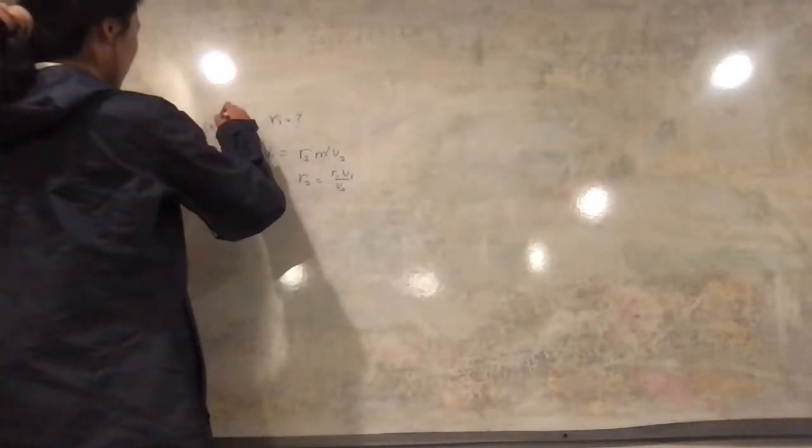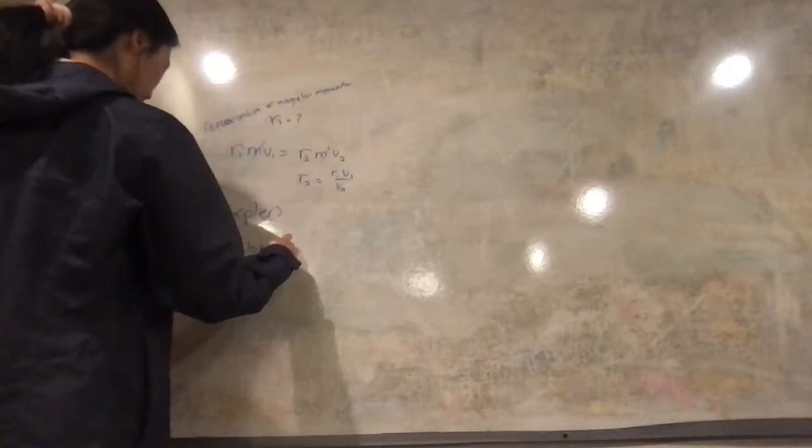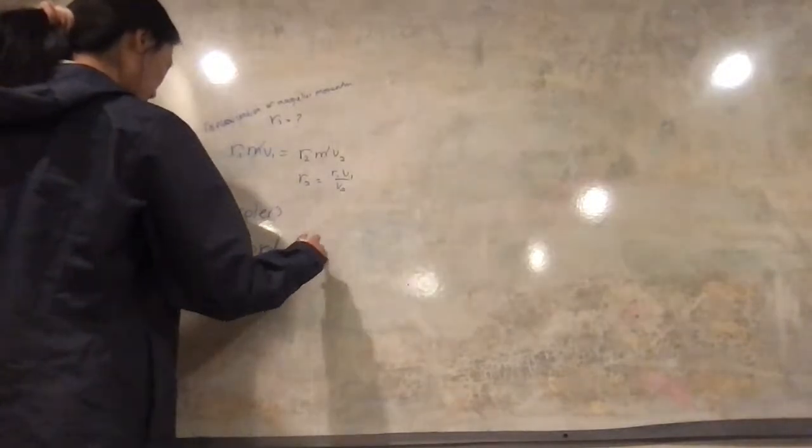And this is conservation of angular momentum. And then Kepler's 3 laws. The first one is that it moves in a closed elliptical orbit.